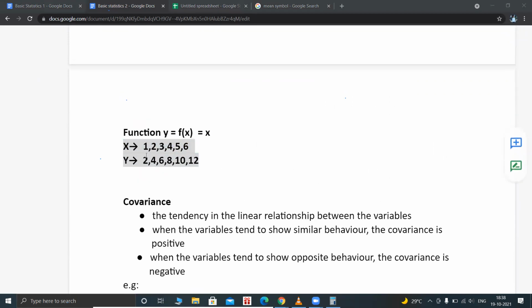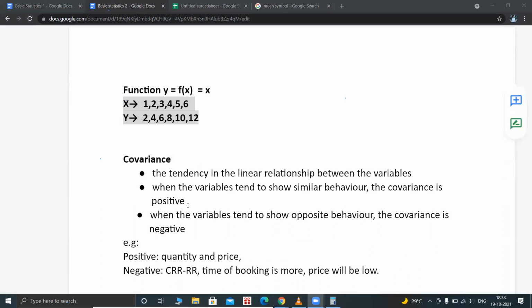See, if I observe some positive trend, I would tell you it is a positive relationship. But if I have a negative values trend, then I would tell you negative. The values are same. If I substitute 1 to 3 in the place of x, the y values are also the same. What is the covariance over there?